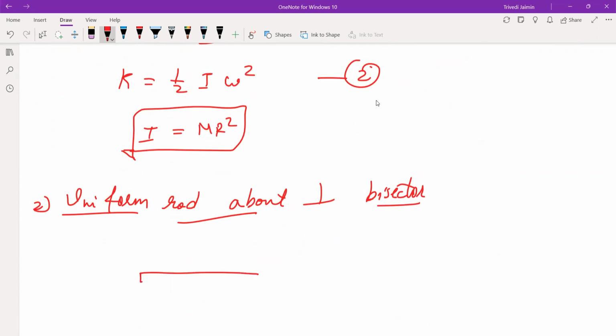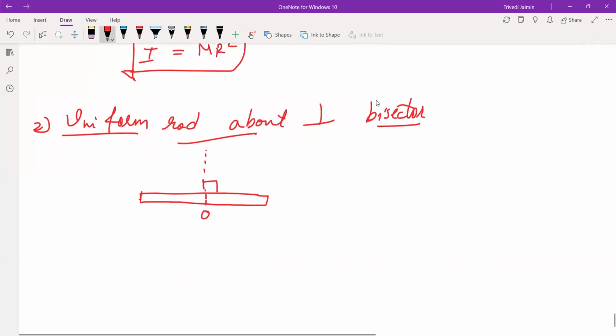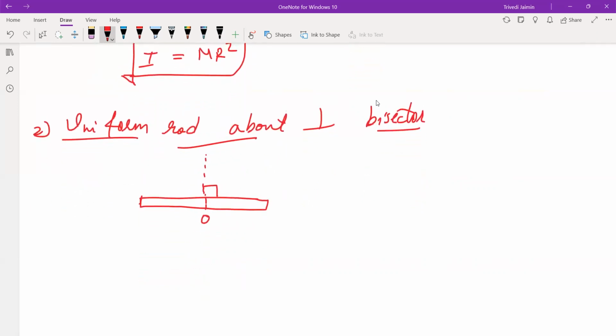Let's take one rod, center O. See what we're considering here, L by 2 and L by 2, both points are half of the length, because it's a uniform rod.